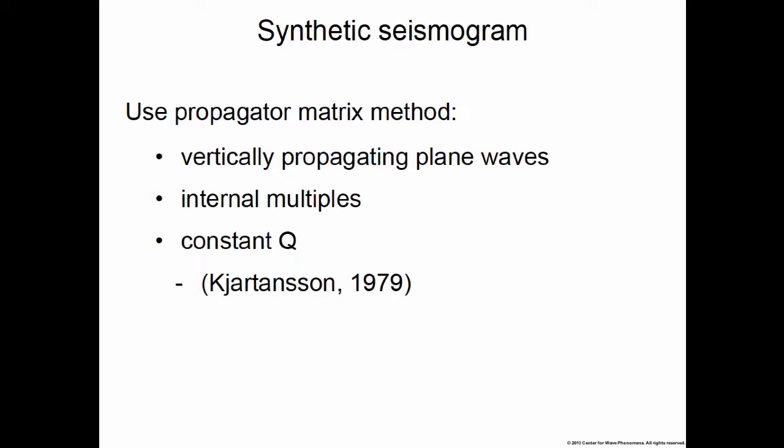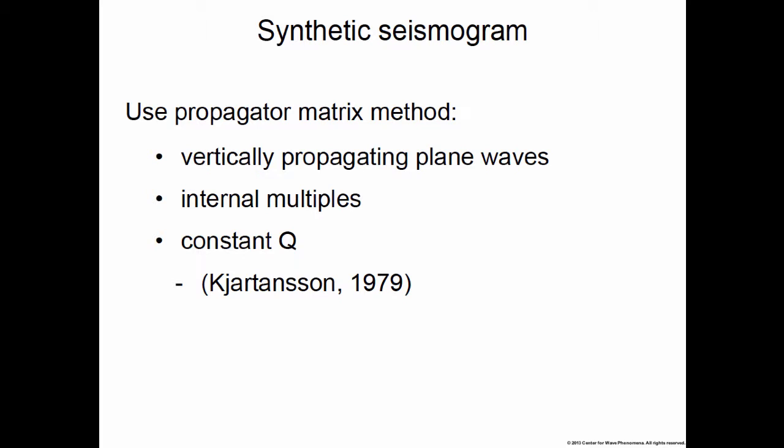We're just computing normal incidence plane waves. And this is nice because it gives us internal multiples, and we can make a constant Q assumption, frequency independent Q, which makes the synthetic seismogram slightly more realistic than if we were to just convolve some wavelet with a constant peak frequency.